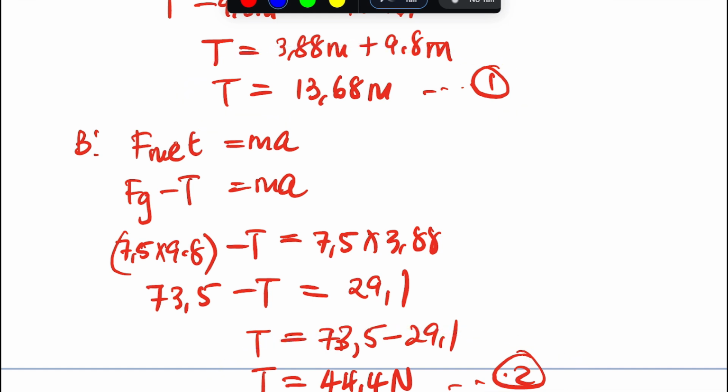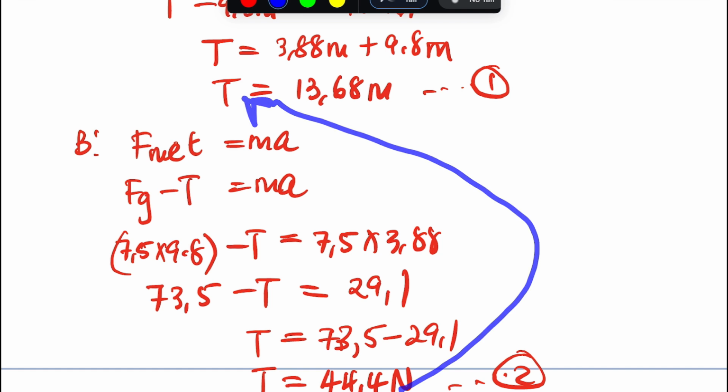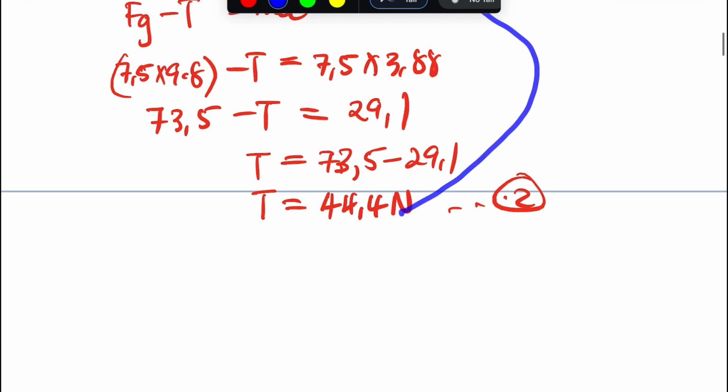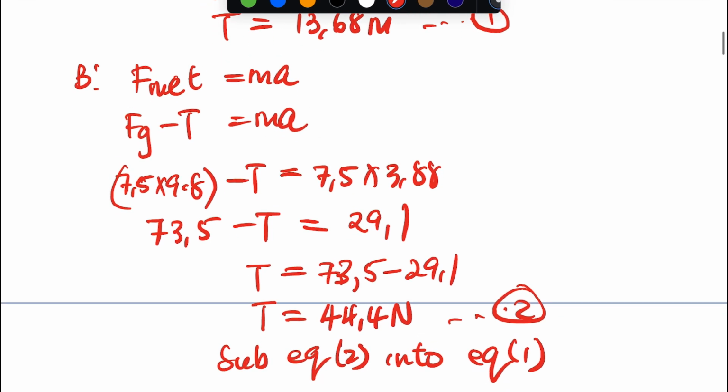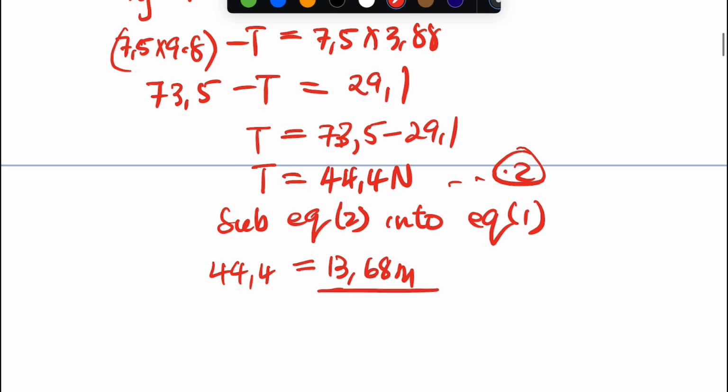So it's best to substitute this here. We're going to substitute equation 2 into equation 1. So we'll substitute the 44.4 equal to 13.68 m, and then we divide by 13.68 on both sides.